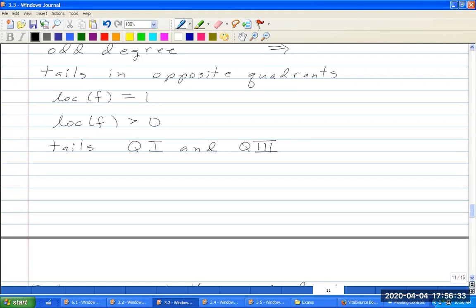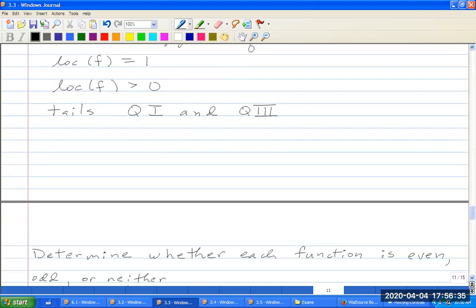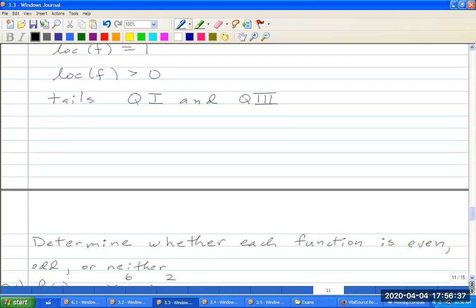Let me determine the roots of my polynomial. It's already nice and factored, so I can set each factor equal to 0 and solve for x. So x equals 0, x minus 3 is 0, x minus 2 equals 0, x plus 1 equals 0.